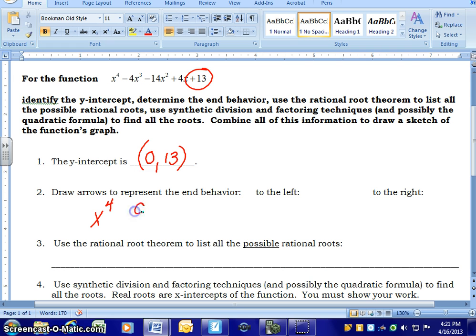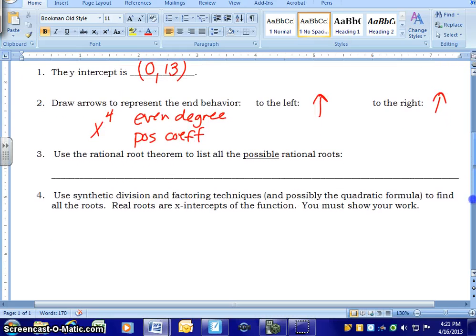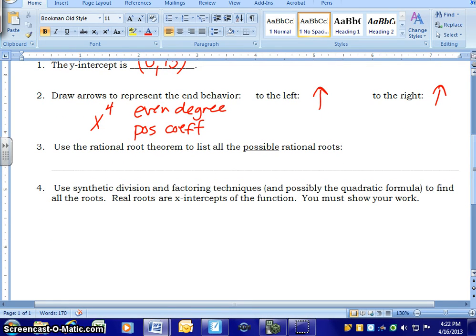Since it's an even degree and a positive coefficient, those are going to help us with our end behavior. So to the left, since it's an even degree, that means we're going to go both in an up direction.